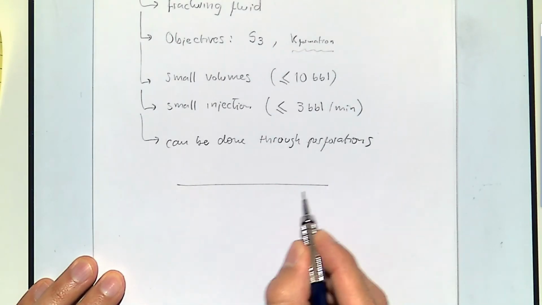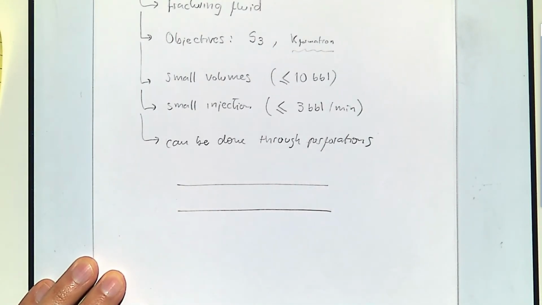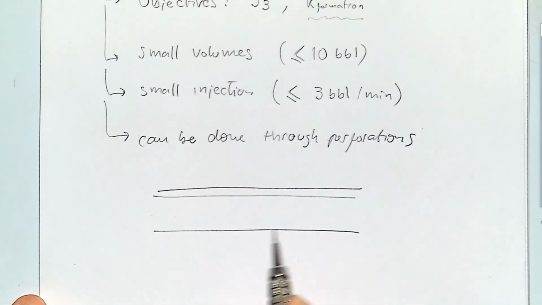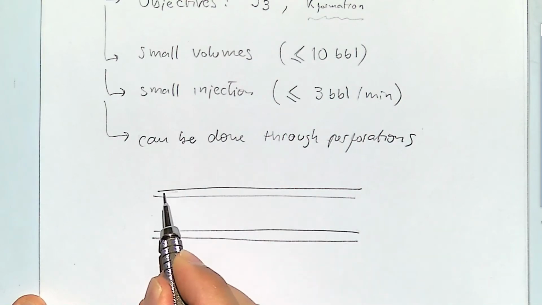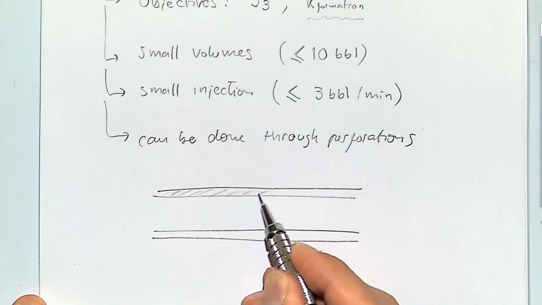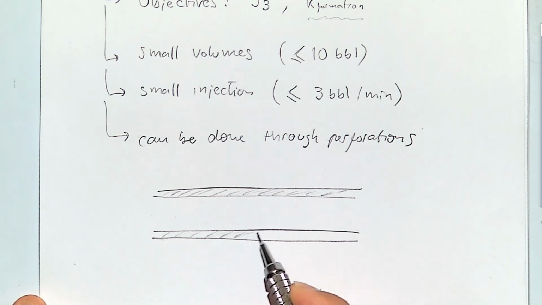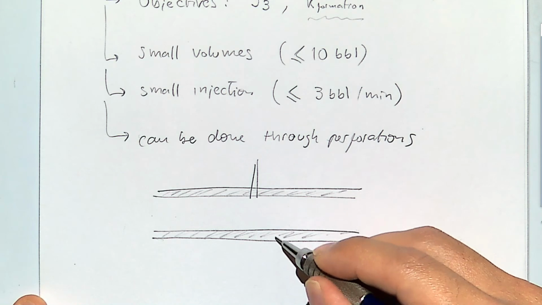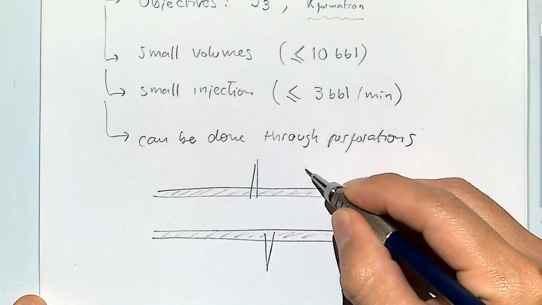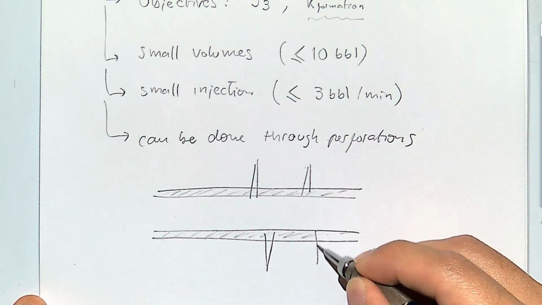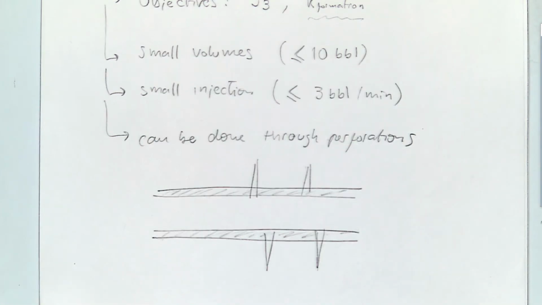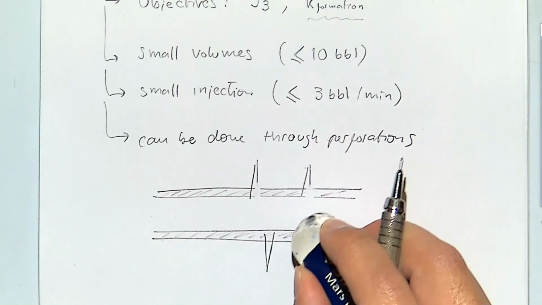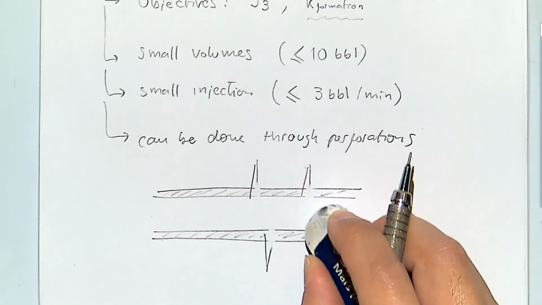In this case, for example, if we had a horizontal wellbore and we already had a cemented casing in the wellbore, if we have perforations that go through the wellbore and into the rock, then you can run this DFIT test also through perforations.